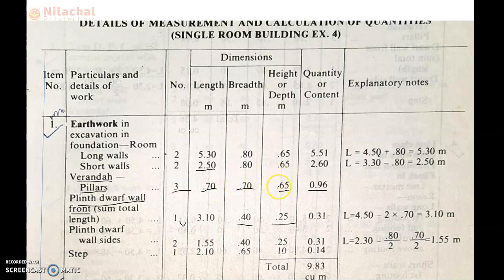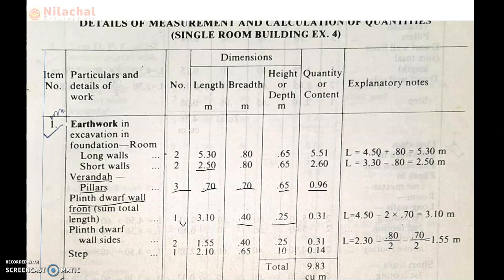It is the length of the pillar, which is already considered in the pillar case. No need to consider repeatedly in case of veranda front wall. So the value of veranda front wall or plinth drop wall front is equal to 4.50 minus 2 into 0.70, it is equal to 3.10 meter.